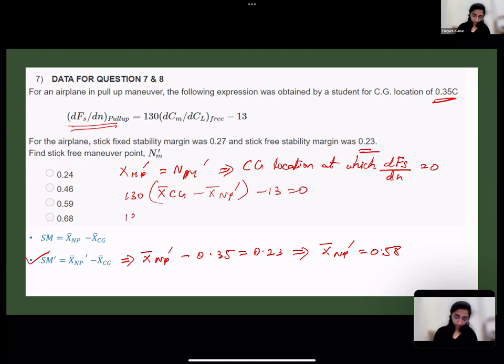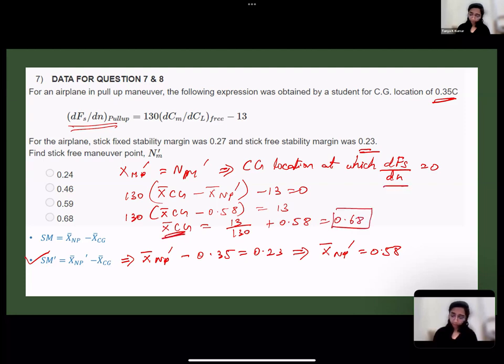Then you have 130 into X bar CG minus 0.58 equal to 13. X bar CG is 13 by 130 plus 0.58, which is 0.68. The CG location at which dFs by dn is 0 is your maneuver point, the stick-free maneuver point. Yes?